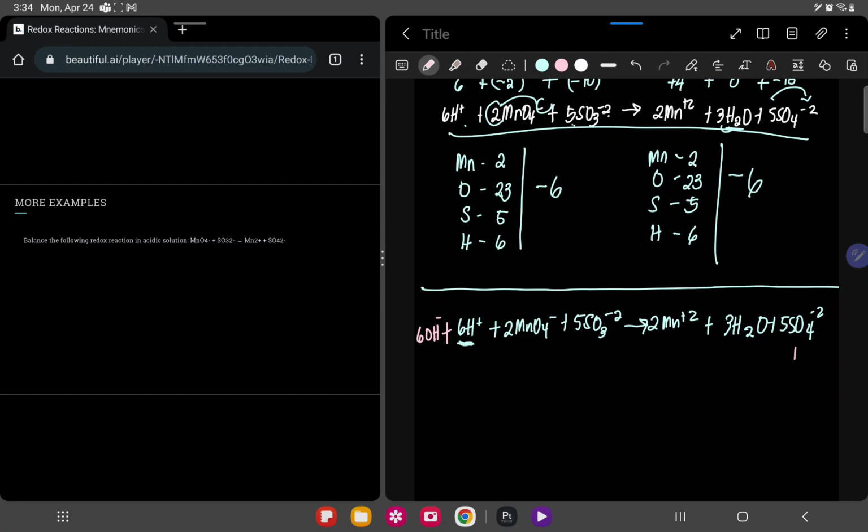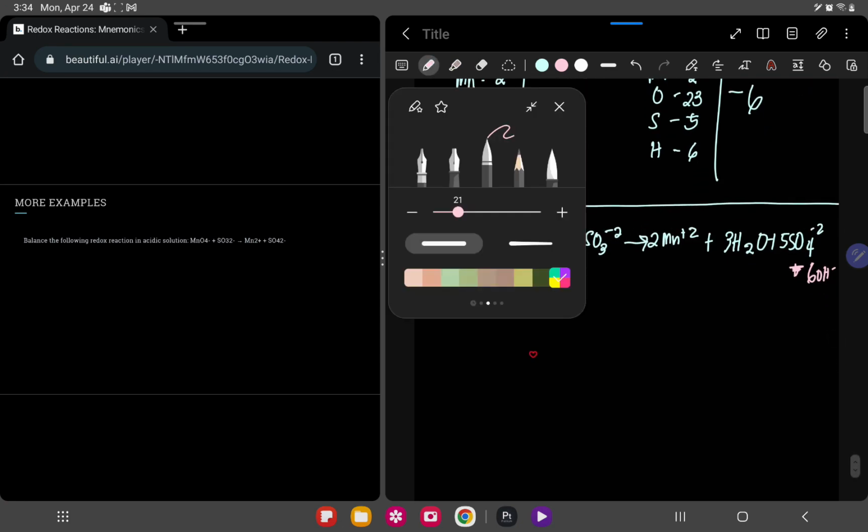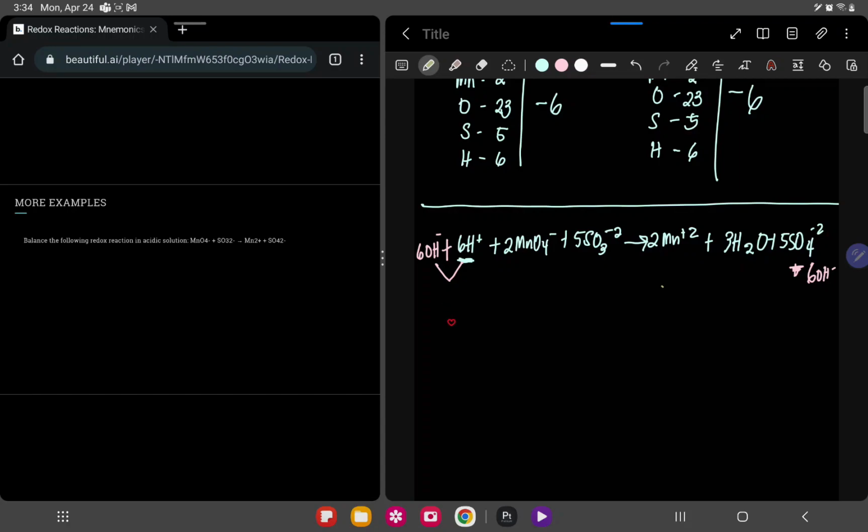Since we added 6 hydroxide on this side, we must also add another 6 hydroxide on the opposite side. So that will be 6 hydroxide here. Okay, now that we have that, we'll combine them, and it will become 6H2O.